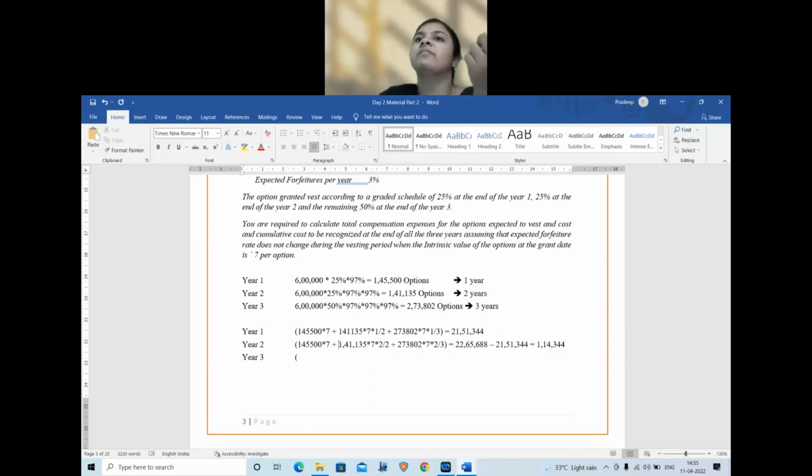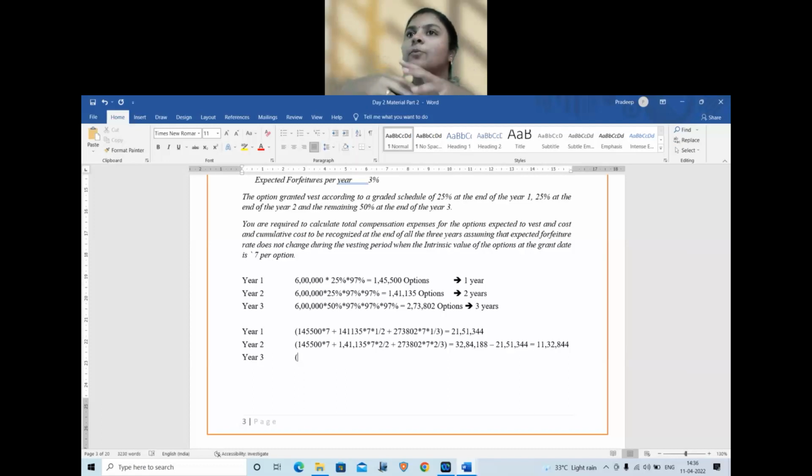Then subtract whatever we have recognized in the first year. So I think this number will change. Calculate and tell me, sorry. 32,84,188 minus 2151,344, which gives you 11,32,844.